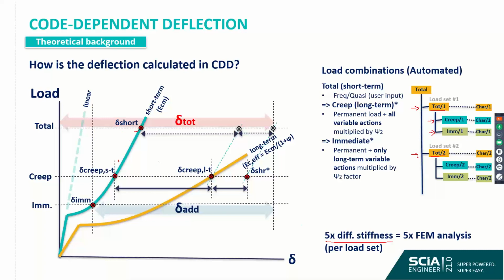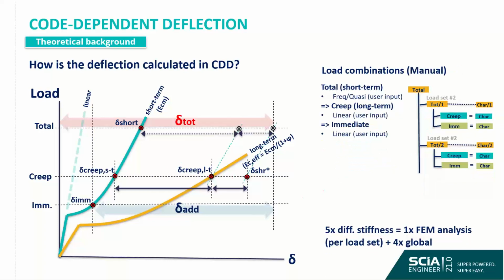It means short-term, creep, long-term, shrinkage, and immediate deflection. It means calculation of 5 FEM analyses per this load set. And if we have quite a lot of envelope combinations, then that's the reason why it takes such a long time.